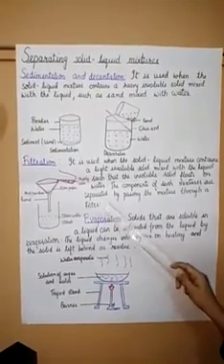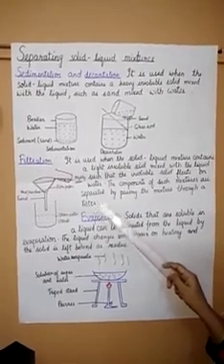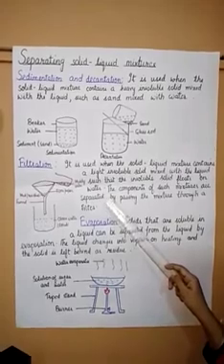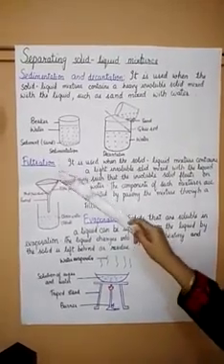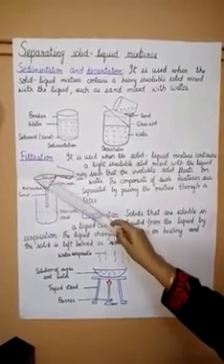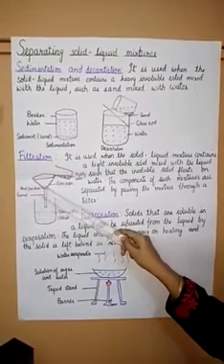This filter can be a filter paper, a muslin cloth, or a sieve. The liquid passes through the filter. In this diagram, the funnel contains a cone of filter paper, and this filter paper will act as a filter.